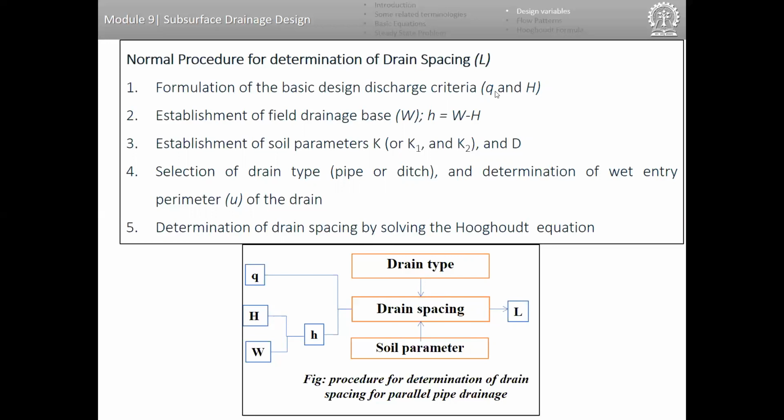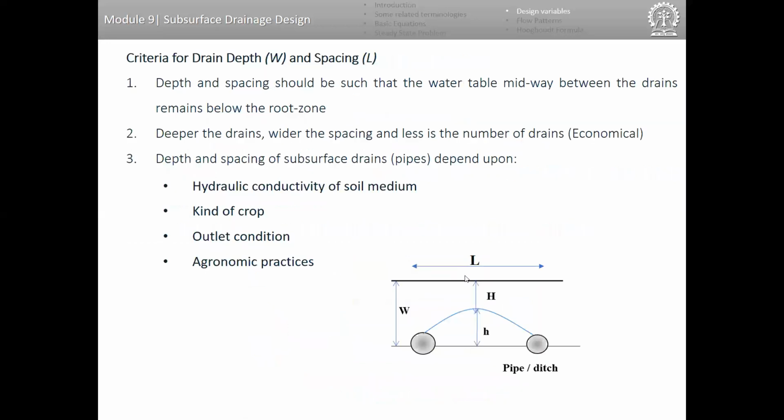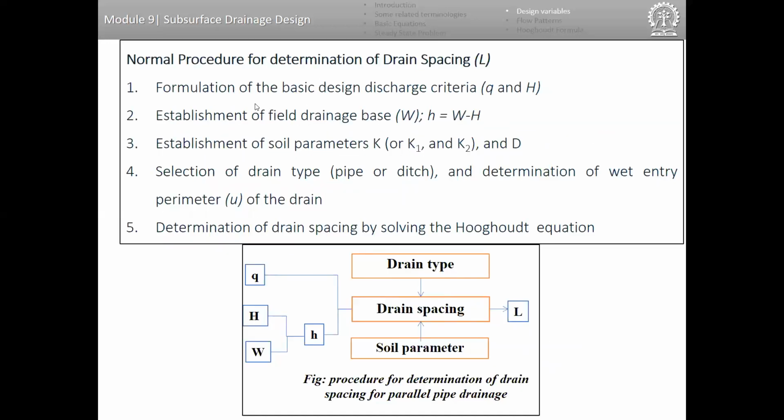The system should be able to cope up with this Q while maintaining this H. H is actually your depth of water table. So we have to formulate the basic design criteria, discharge criteria Q and H. If we are talking about steady state condition, then recharge is equal to discharge.